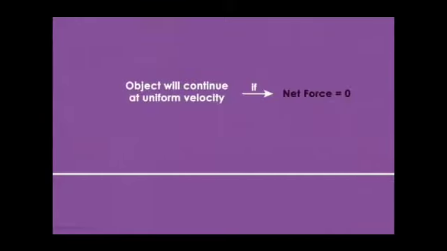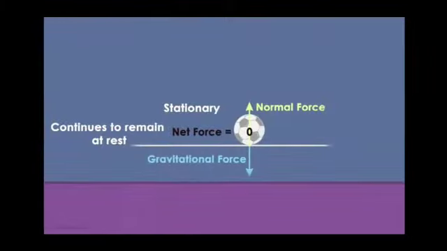We often assume that if the object is moving, then there is some net force acting on it. Is it true? An object will continue to move at uniform velocity even if the net force acting on it is zero. We have two important points.